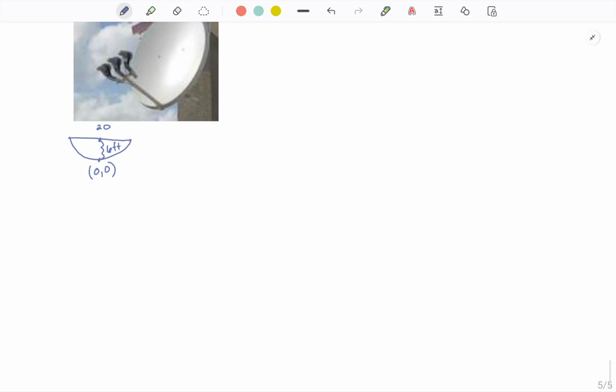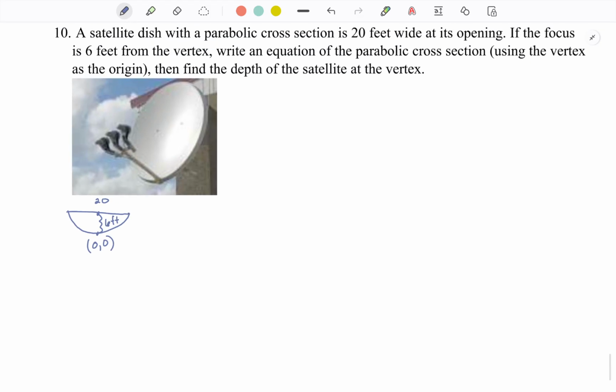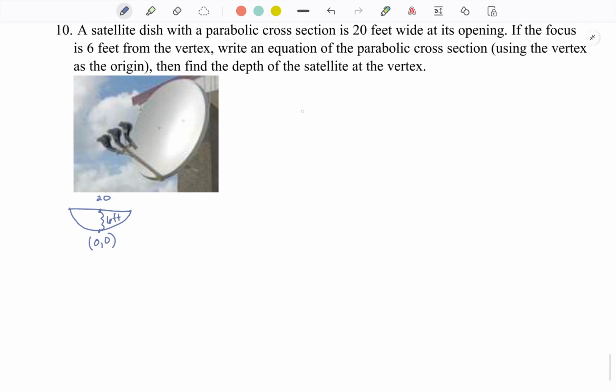So this is kind of a vertical satellite. We are going to use y squared equals 4 times 6, which is 24, times x, because of course x1 is 0 since we're using the origin as the vertex. Since it is 20 feet across, that is 10 feet on each side. So we can put in a 10 for our y.